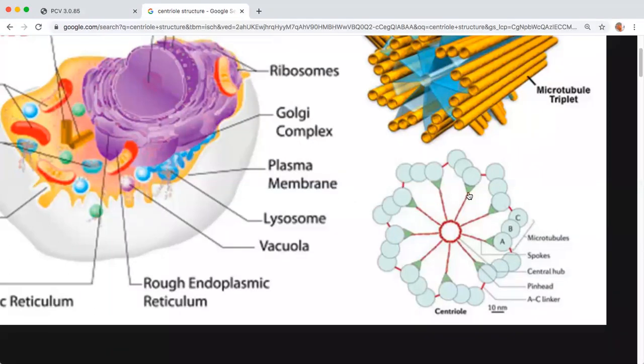Here you are able to see this red color line. This red color line is the spoke, and this red color circle that you are seeing here is the hub. It is attached to the center, which is called the hub. The central region is called the hub. There are proteinaceous structures which connect the central region with the microtubule, and that structure is what we call the spoke.